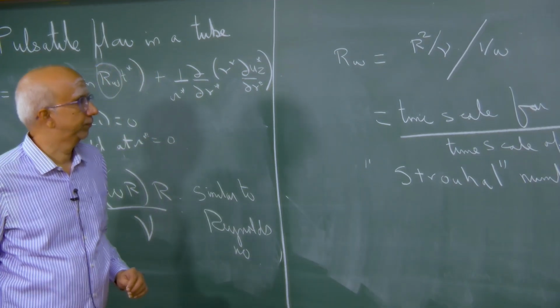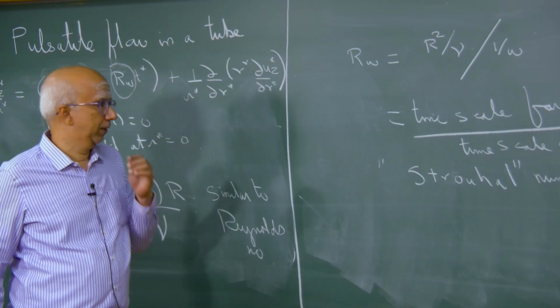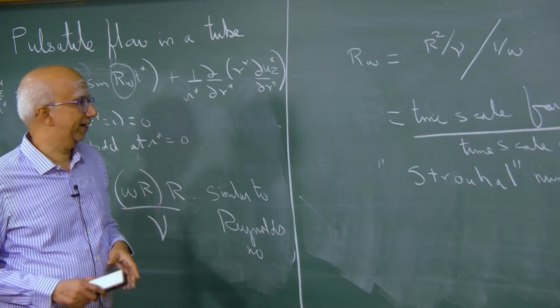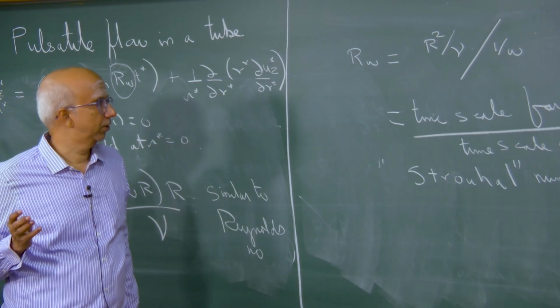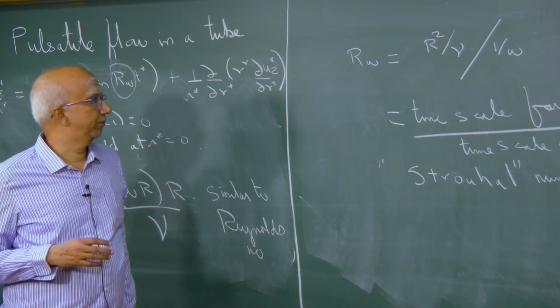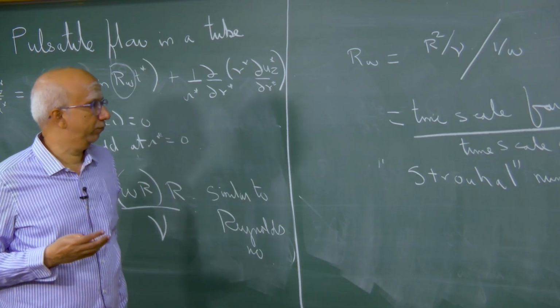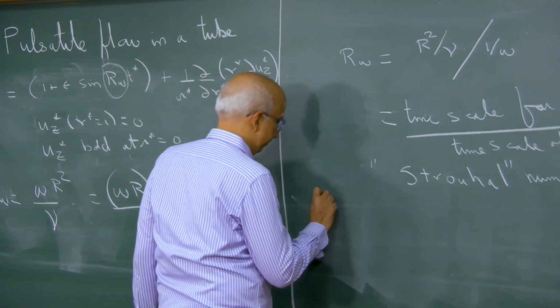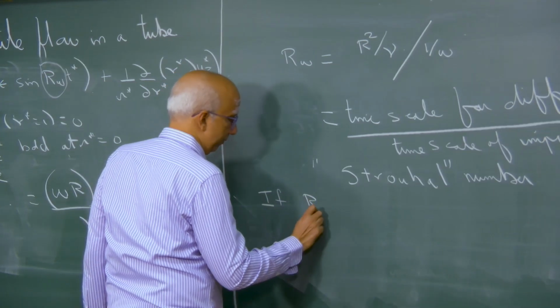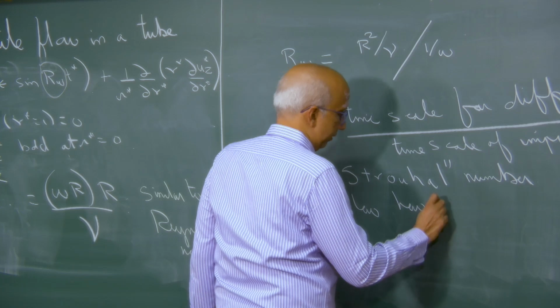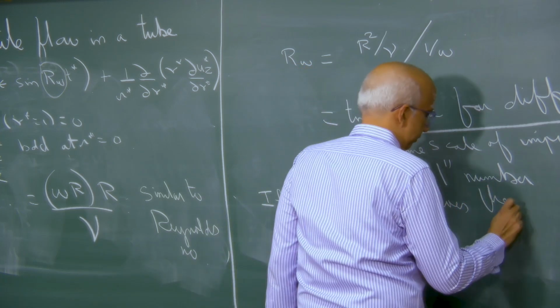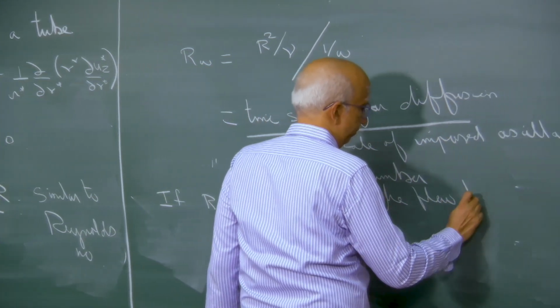Now, what we want to do is try to understand how the system behaves in the limit of low Strouhal number. So, if RW is low, how does the flow behave?